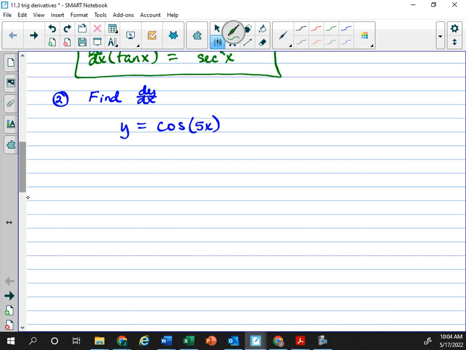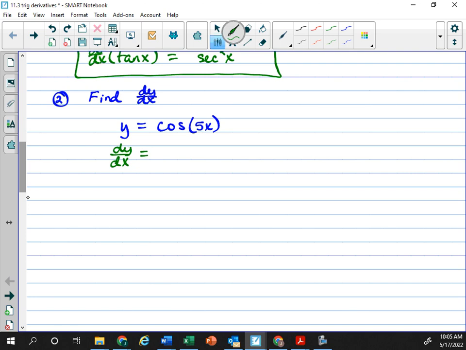Okay, when we wrote all of our derivatives up above, the trig derivatives, we just did like sine of x or cosine of x. We now have more than just an x inside our cosine here. That means we're going to have to use the chain rule, okay? So dy dx, finding the derivative. So start on the outside.